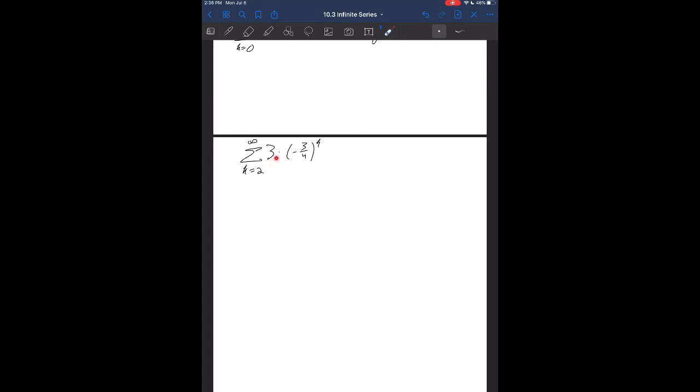Okay, there we go. So this almost looks like an infinite geometric series, right? We have this 3 here, which would be our a value, this negative 3/4, which is going to be our r value. The only problem that we have is that we are starting at k equals 2 instead of starting at our k equals 0.